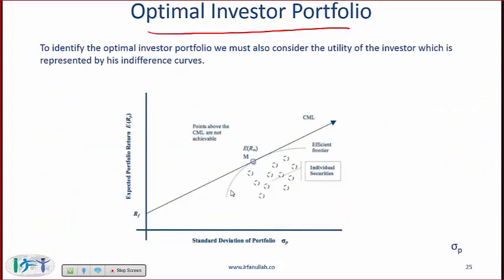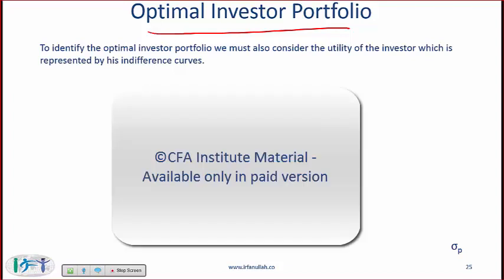So the point is, we've talked about the CML. So let's say this is our CML. You need to figure out where on the CML your client, a particular investor, needs to be. So to do that, you need to understand the utility curves or the indifference curves of your client. Say you have a client called red client who is very risk averse.